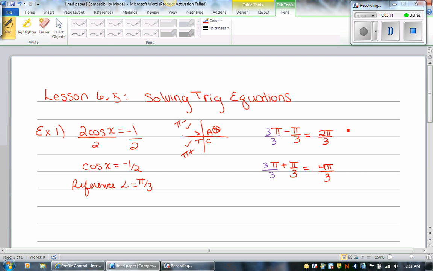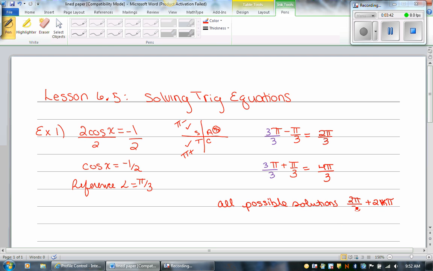So another way that I can write all possible solutions is two pi/3 plus 2k pi. What that means is plus 2 pi, which is 360, so k times multiples of 360.